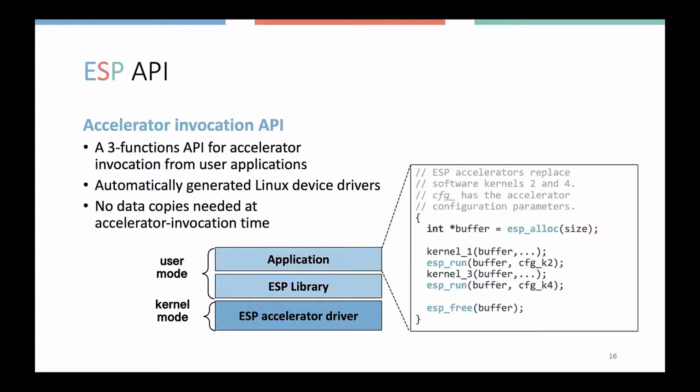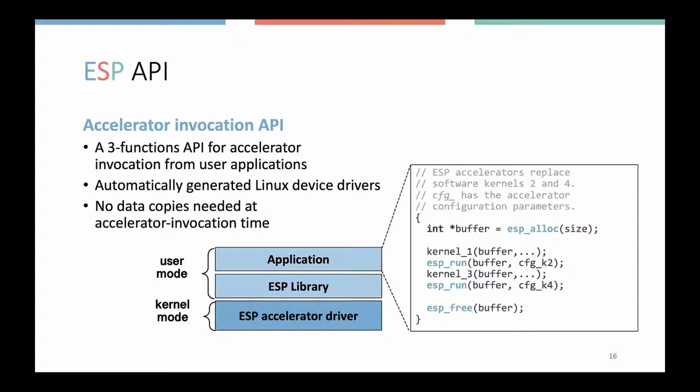One is allocating memory in such a way that it is efficient to access from both the processor core and the accelerators, and of course avoid any sort of data copying from the processor memory space to the accelerator memory space. And the key idea here is to use large pages, and depending on the target system, target ISA and architecture of Linux, for example, there are different primitives that we can use to implement that.